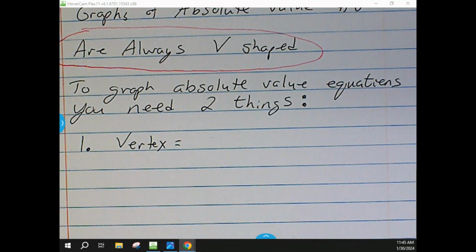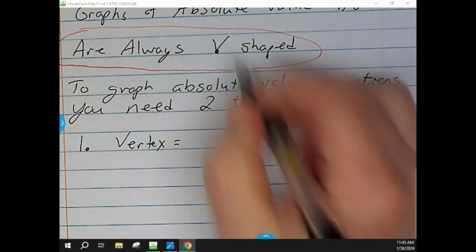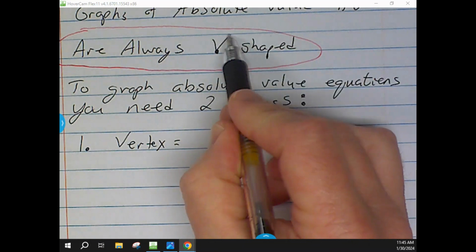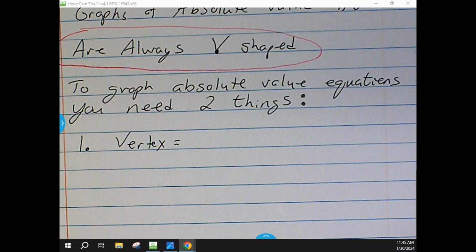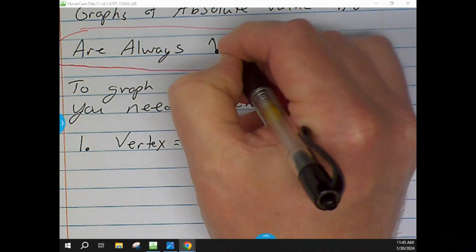Okay. And when we're talking about the vertex, that's the point on the V that's here. So where you've got two rays that are drawn when you draw out the V shape that's here.